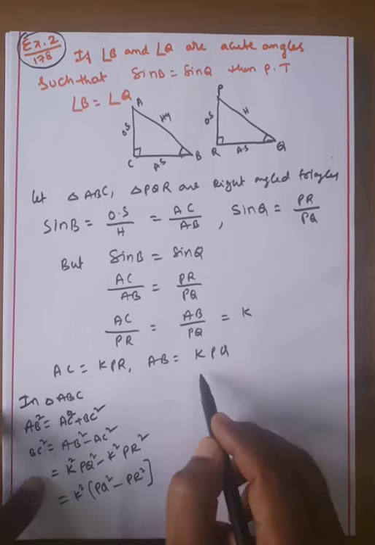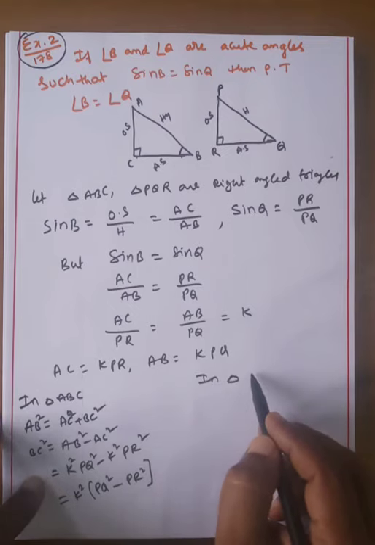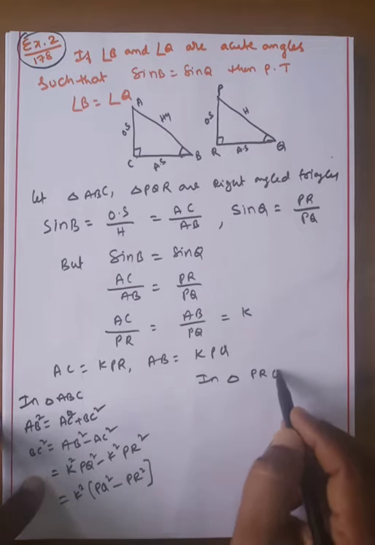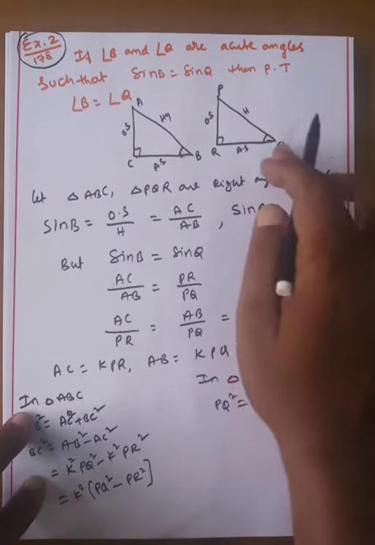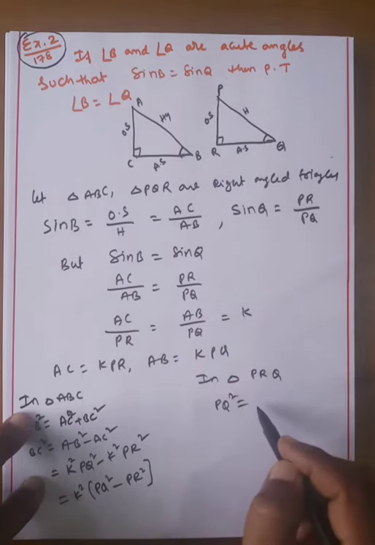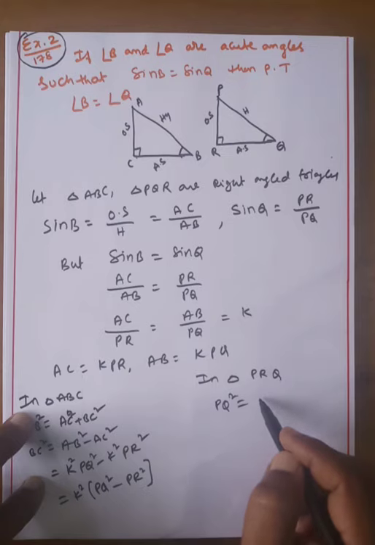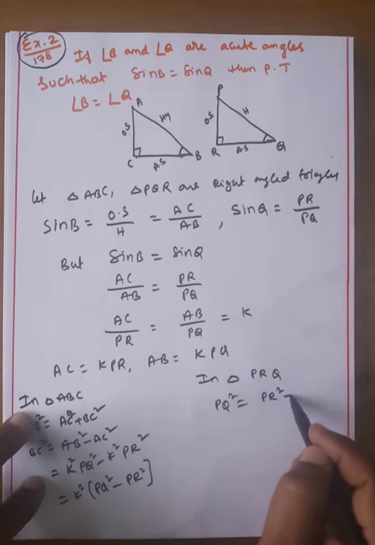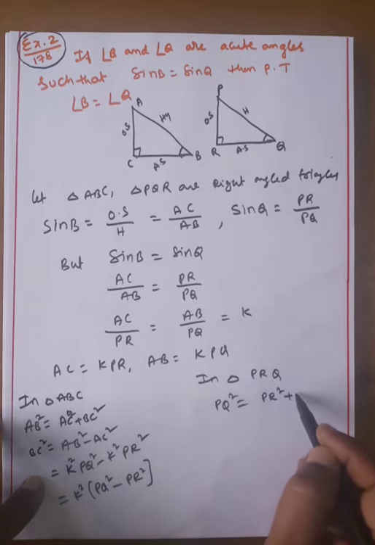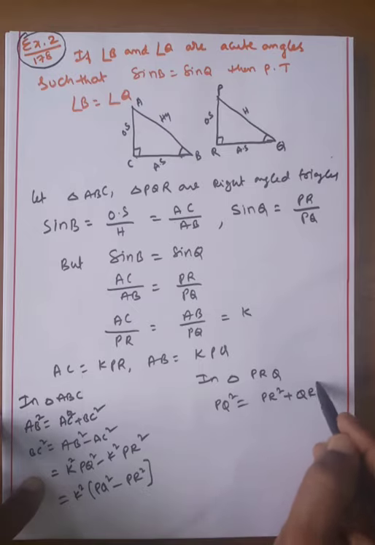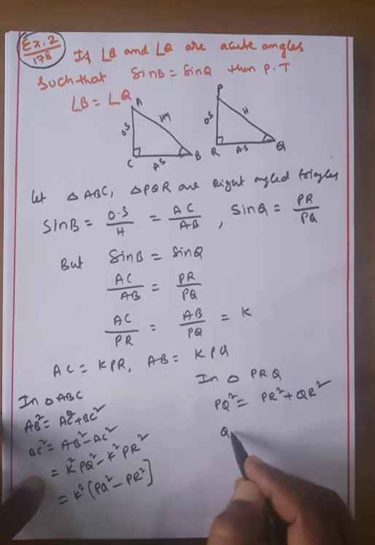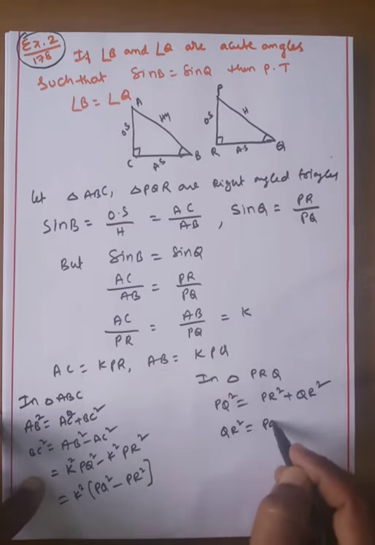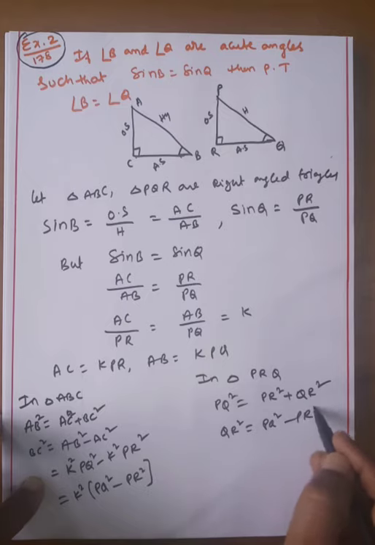Now in the second triangle PRQ, PQ square, the hypotenuse square, is equal to PR square plus RQ square. From this we want QR square: QR square is equal to PQ square minus PR square.